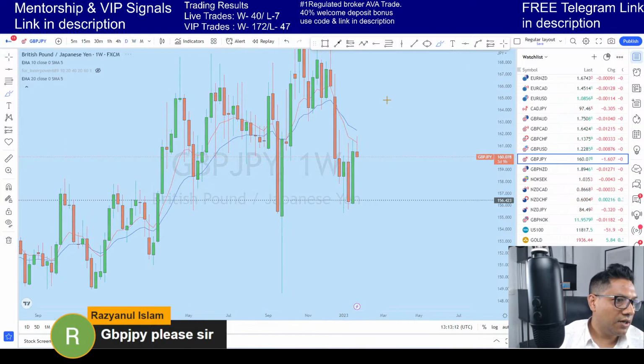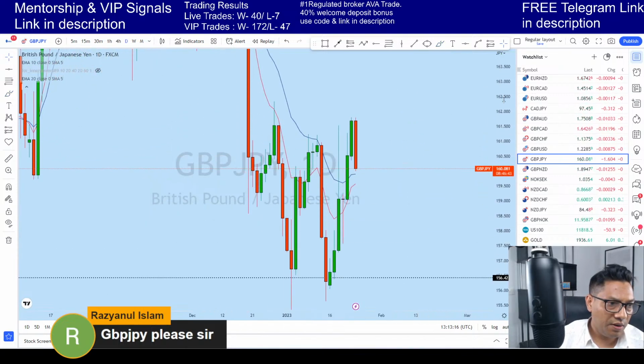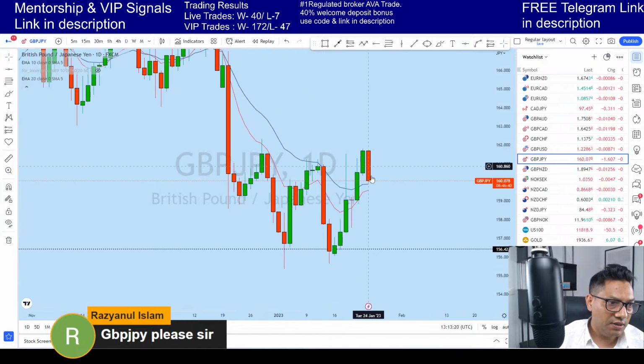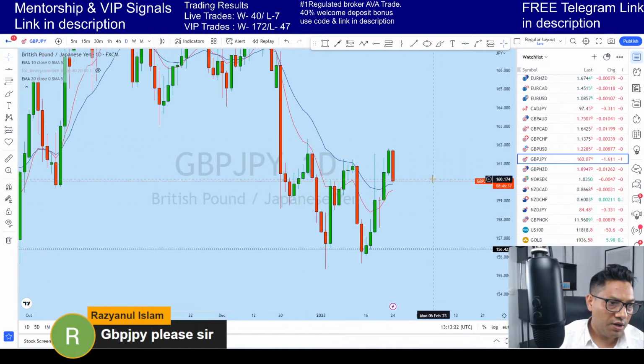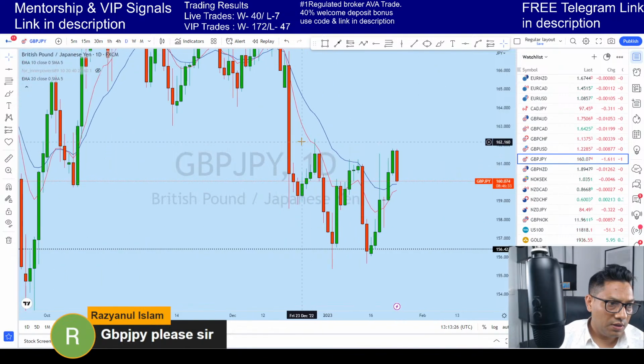If we look at the daily time frame, there is a very long rejection from here. Let me draw this level here.